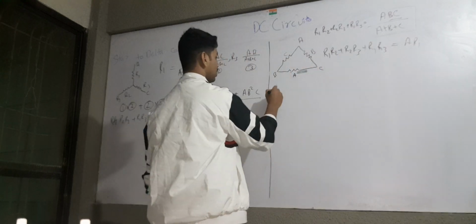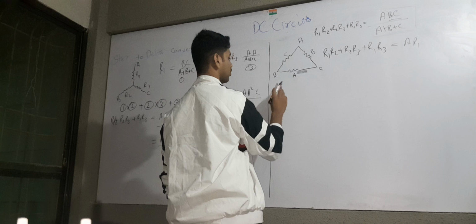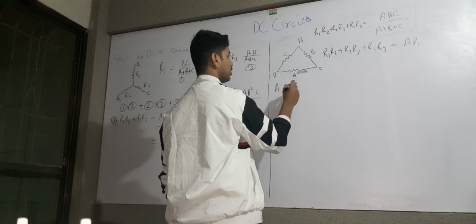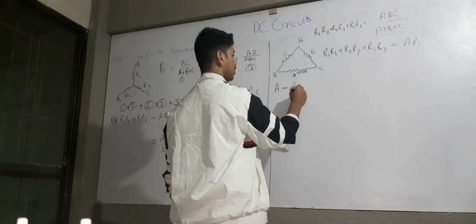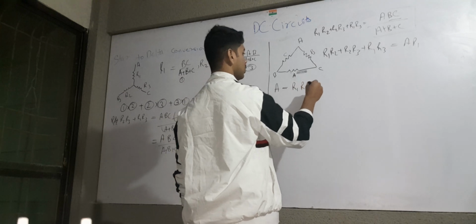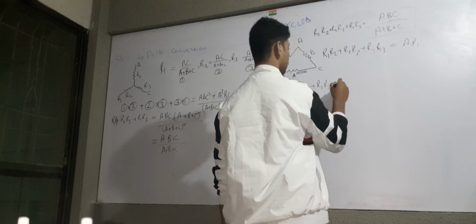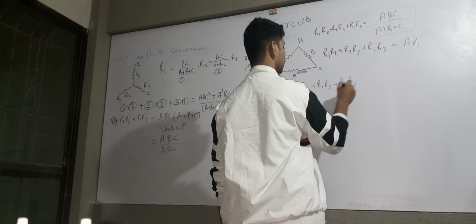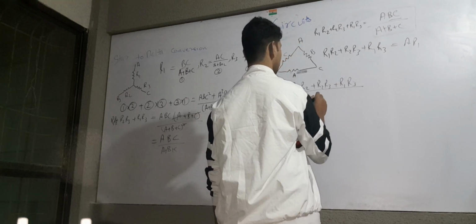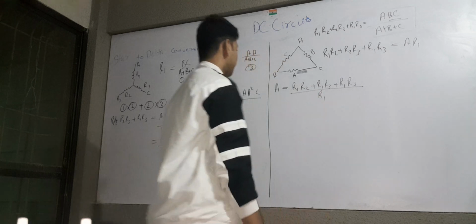So similarly, A is equal to R1 R2 plus R2 R3 plus R1 R3 divided by R1.